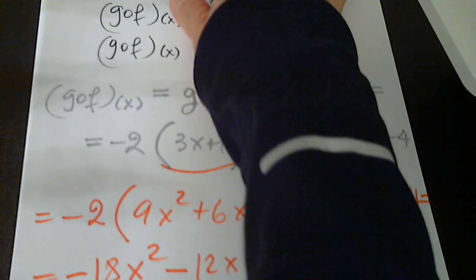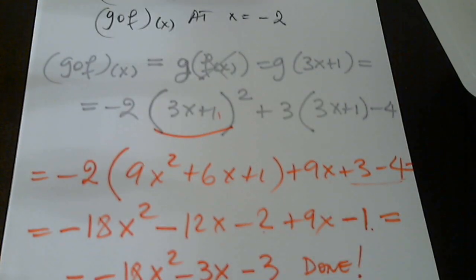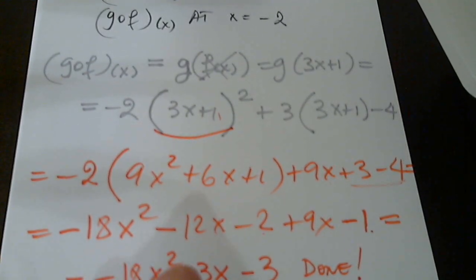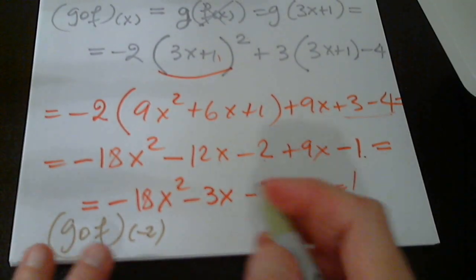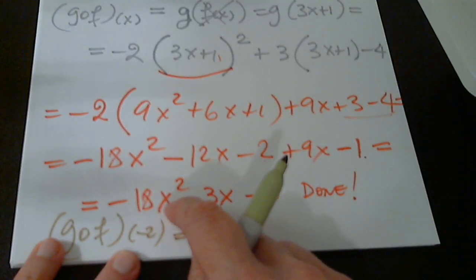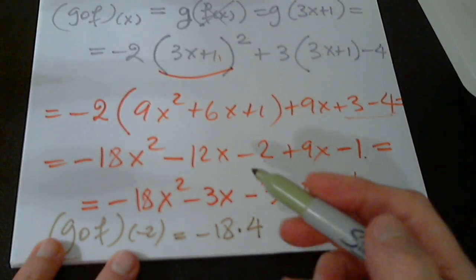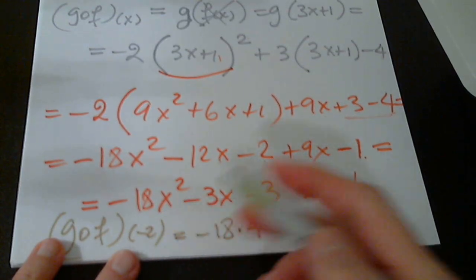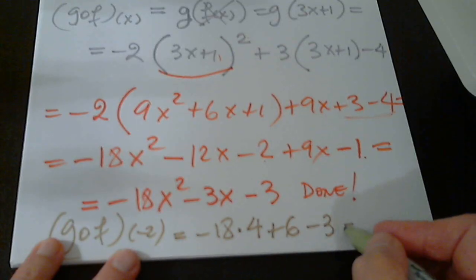Now we're asked to find g comp f of -2. No biggie at all. G comp f of -2 is -18 times, -2 squared is +4, -3 times -2 is +6, and -3.